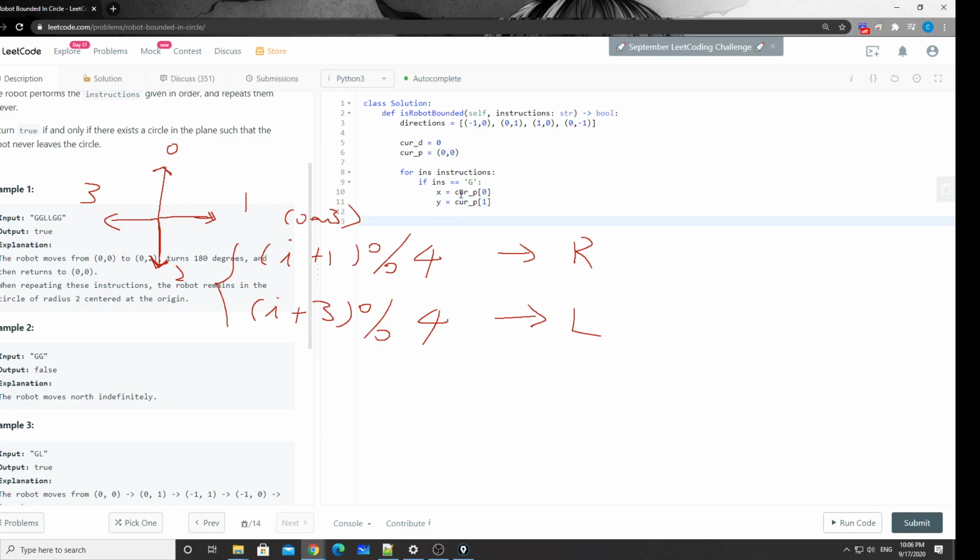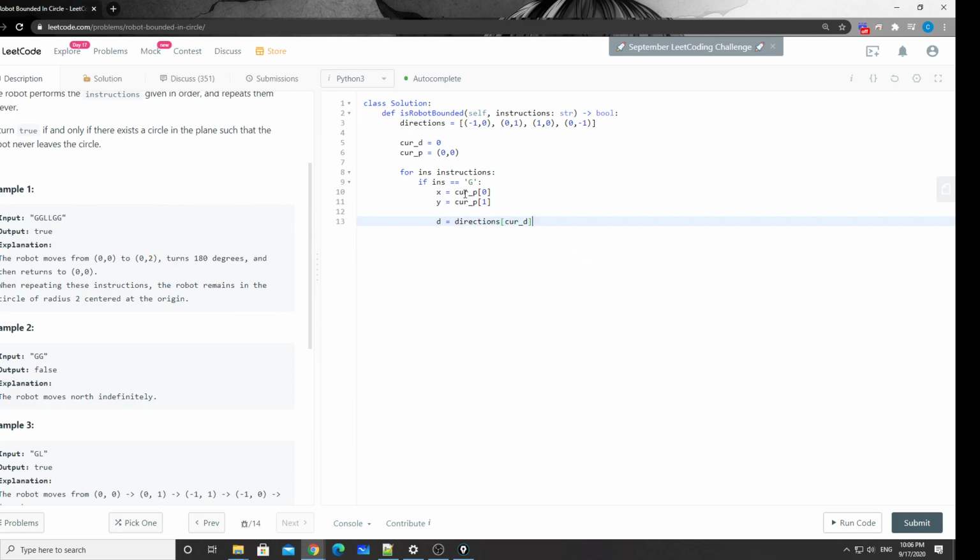How about the direction? The direction is directions at the current direction. Then the new x is x plus d0, and the new y is y plus d1. And then we just update the current position to the new x and new y.